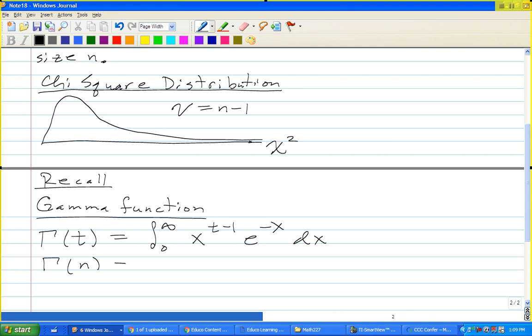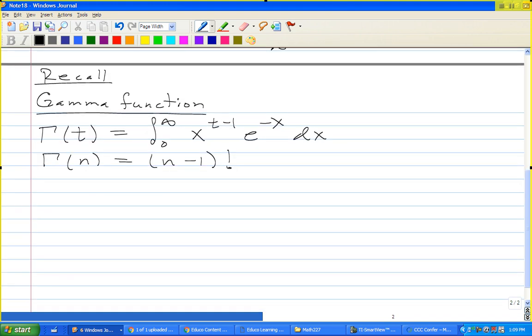It is just an extension of the idea of factorial. For any natural number n, gamma of n is just equal to n minus 1 factorial. And so the chi-square distribution has the following probability density function.